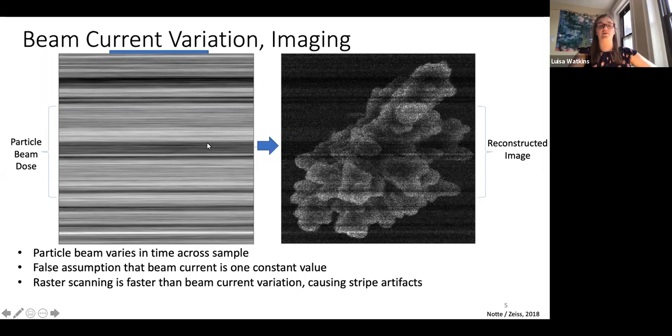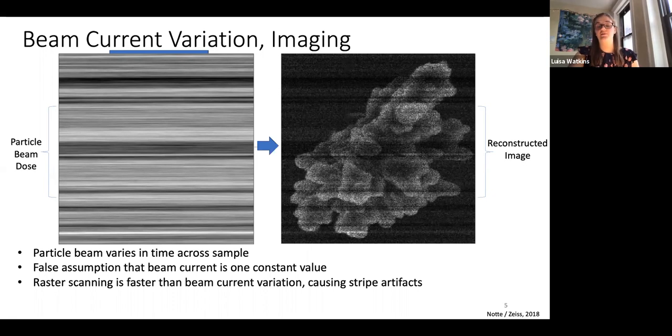These stripe artifacts come from the fact that the raster scanning is faster than the beam current variation. In an image like this, you may think, well, the sample looks like it should just be this portion, and these stripes make it harder to see the image, but I can still kind of see what it should look like.